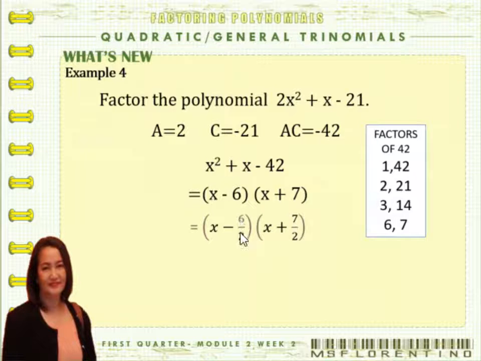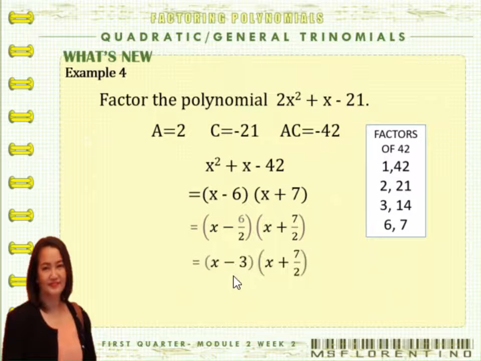Then, we reduce this fraction into lowest terms. 6 divided by 2 is 3, and we cannot reduce 7 over 2 to its lowest terms. Therefore, our equation will be x minus 3 times x plus 7 over 2.